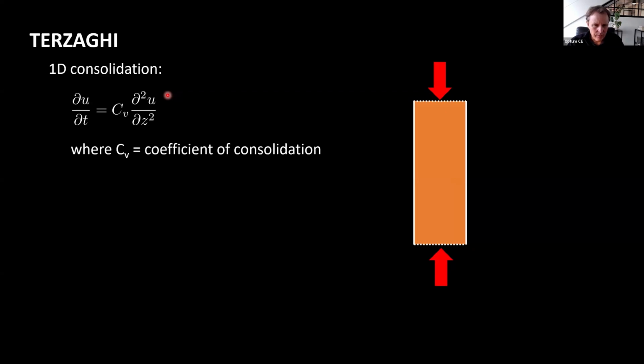That's sort of a classical textbook result, where CV is the so-called coefficient of consolidation. So the larger CV is, the faster things happen. So that's a quantity that can be determined on the basis of an experiment like this. There's various techniques of doing that.